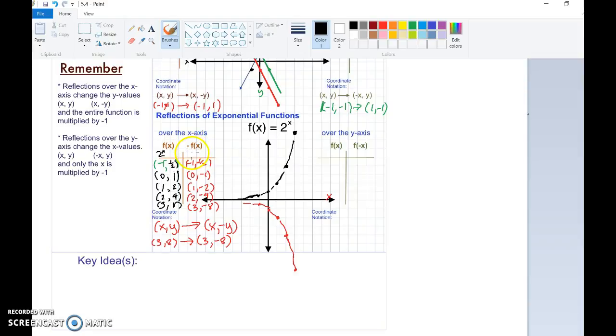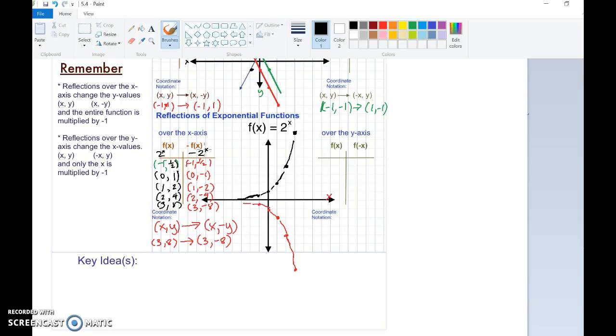So that translates to negative f of x equals negative 2 to the x power. So the only thing that's changed is that the entire y value is the opposite. So whatever the y value is, the 2 to the x, because we put x in for the variable, we plug in our x, we do the work, we get the y value. So now we're just taking the negative of it.